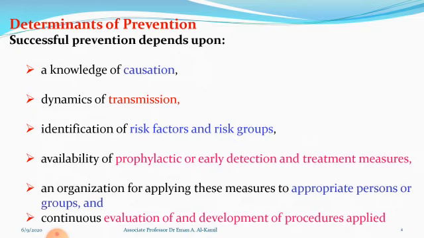So if we want, for example, to prevent a non-communicable disease such as cardiovascular disease, it is important to know what the causes are, what the risk factors are, what the mode of transmission is, or mainly the different methods of occurrence of the disease, and what the prophylactic measures are.